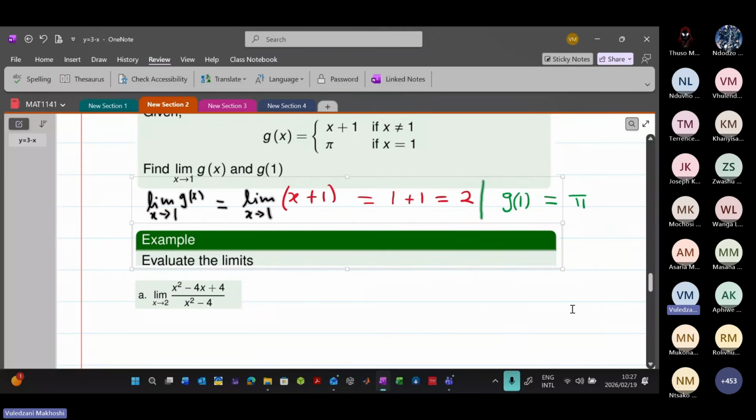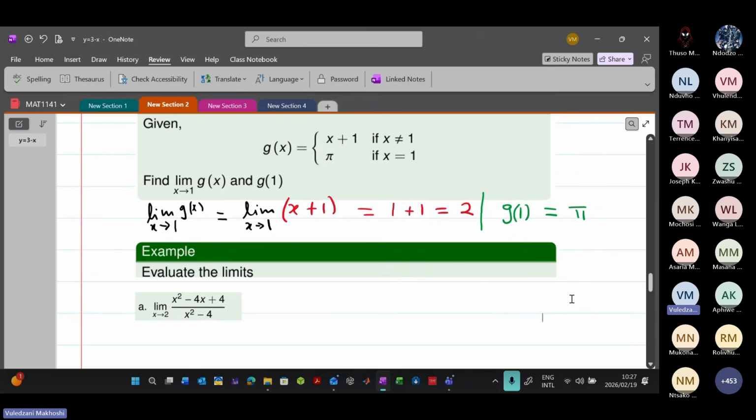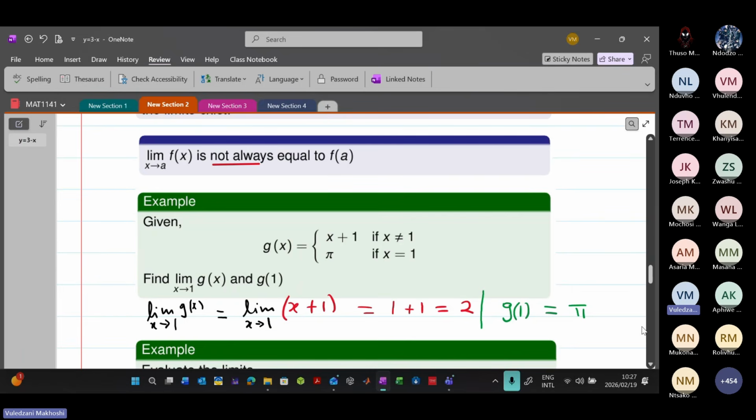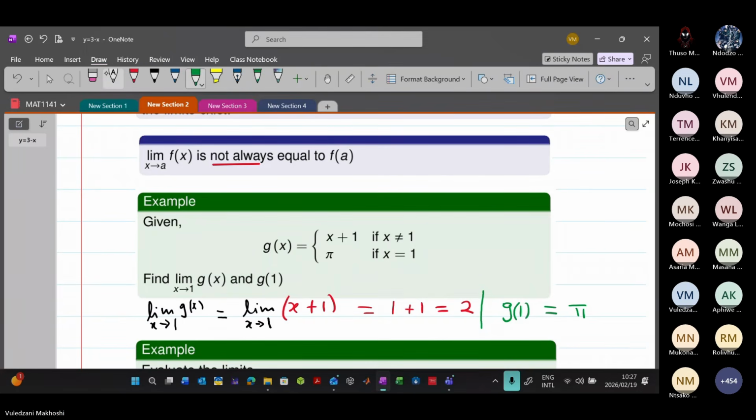But the main thing, the thing that I want you to note, let me put it up here, it's important for us to understand this.